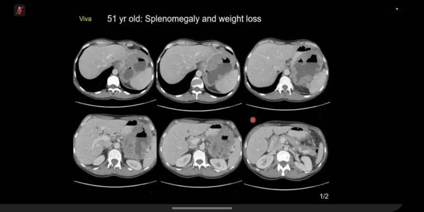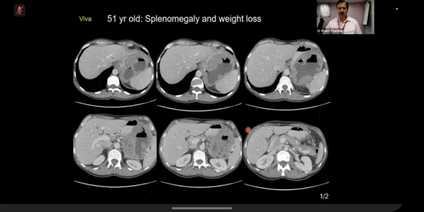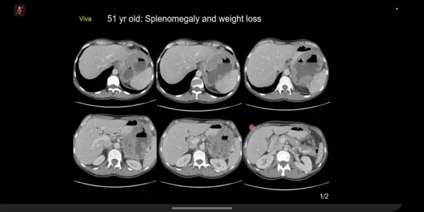So the fluid level. Sorry, I was going to say the GIST. It could be with a cystic component to it.